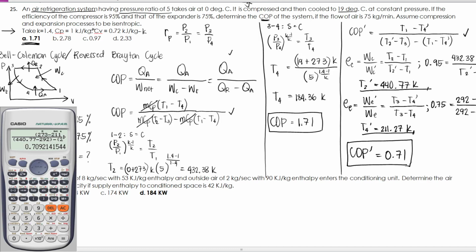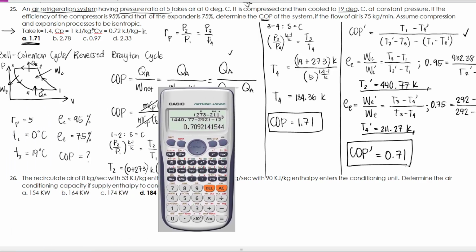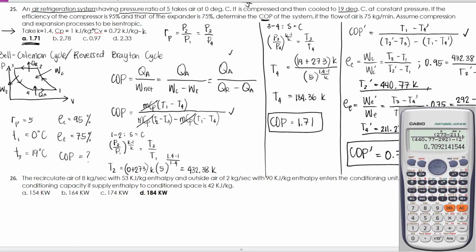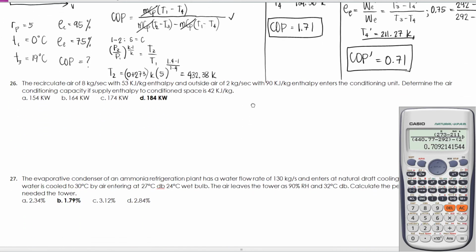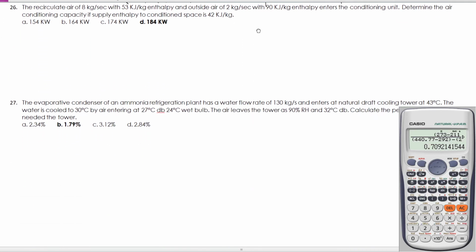Alright, so let us proceed naman to problem number 26. Okay, so problem number 26.